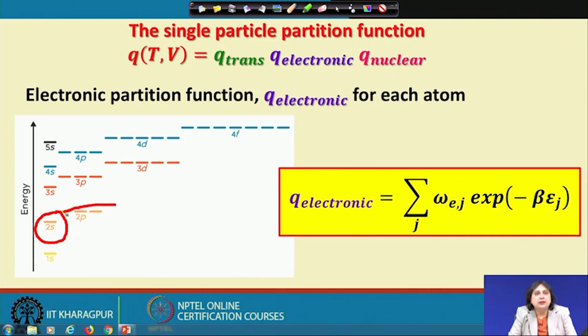Now, slightly above this, there is one energy level that is triply degenerate.